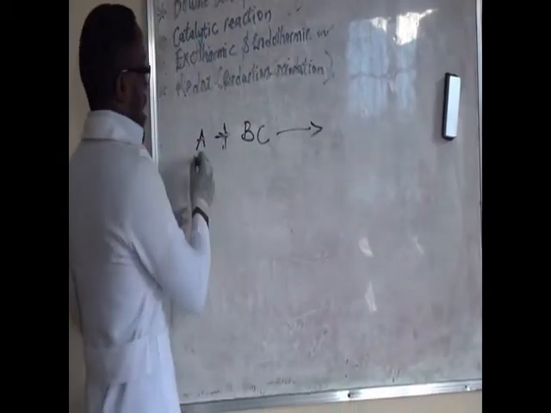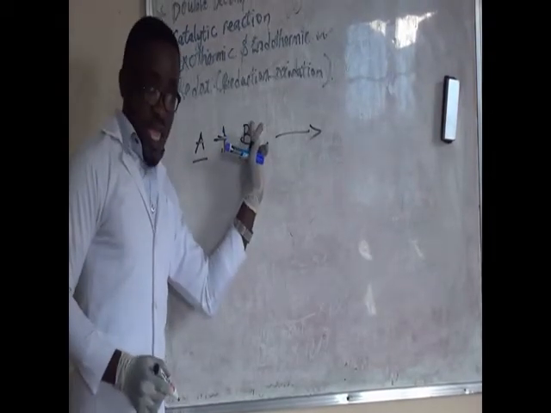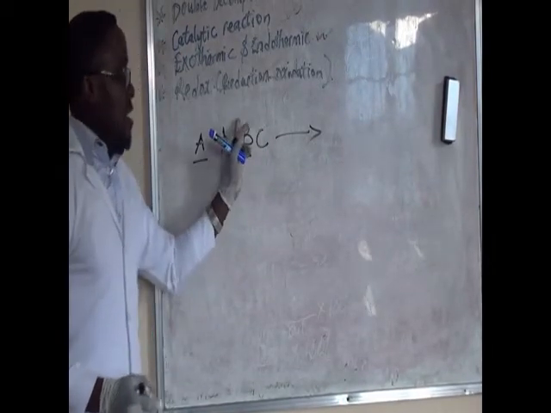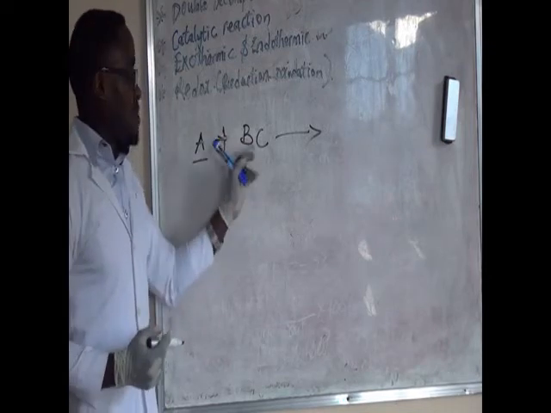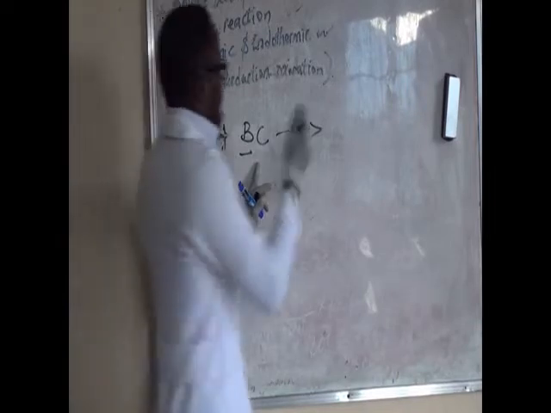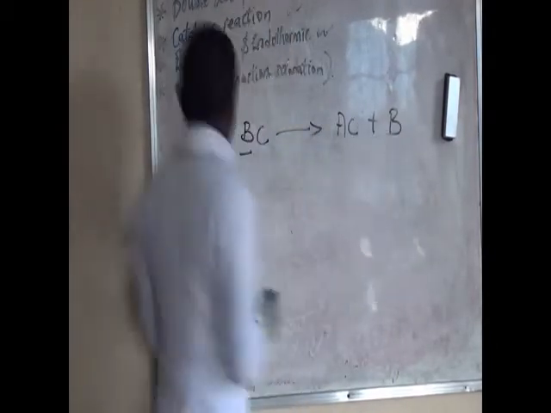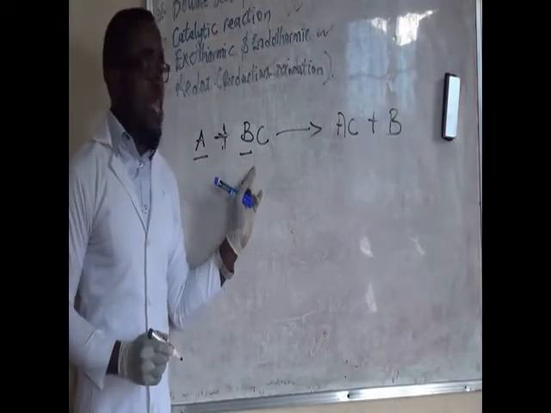Now A is coming to replace B. B is a compound made up of B and C. A replaces B, giving AC, and the B is displaced out.